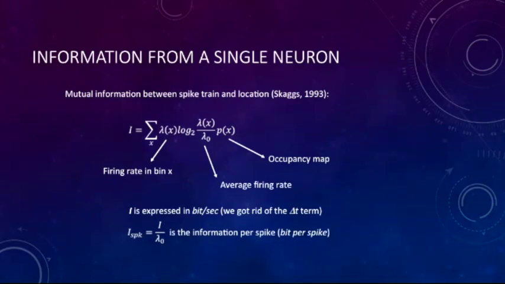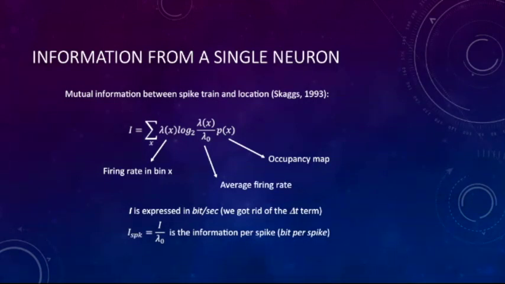The spatial information transmitted by one cell, whatever cell in the brain, is the sum over all locations of the firing rate of this cell at location X, times the log of this ratio, meaning the firing rate in this location divided by the average firing rate, all multiplied by the occupancy map, all right?